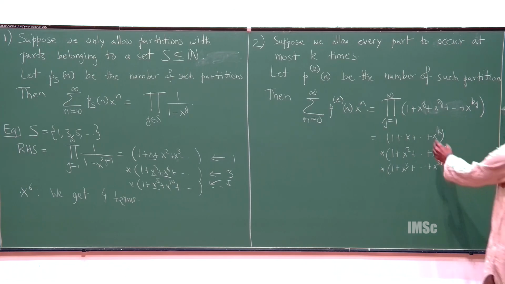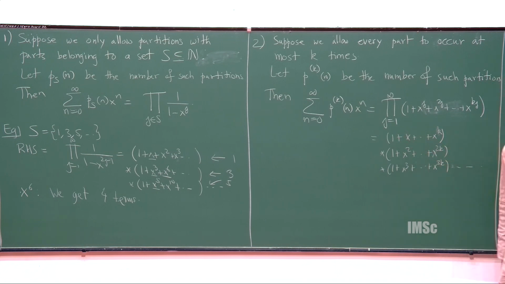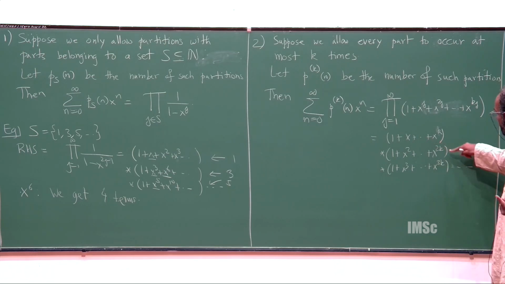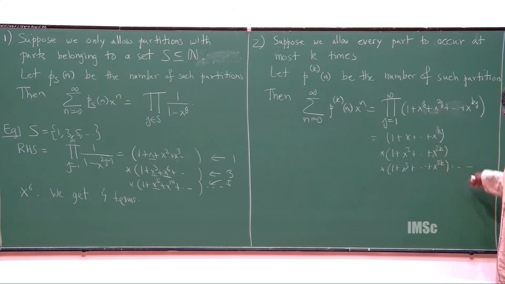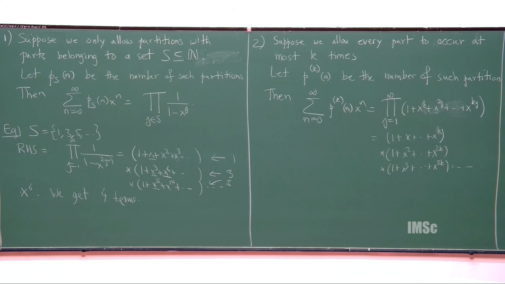So now you see any term that comes from here, this factor will correspond to the part 1, and 1 can occur only at most k times. And here 2 can occur at most k times, which gives you 2k, and 3k like that and so on. Okay? So the same proof that Euler gave allows us to give these two huge generalizations.